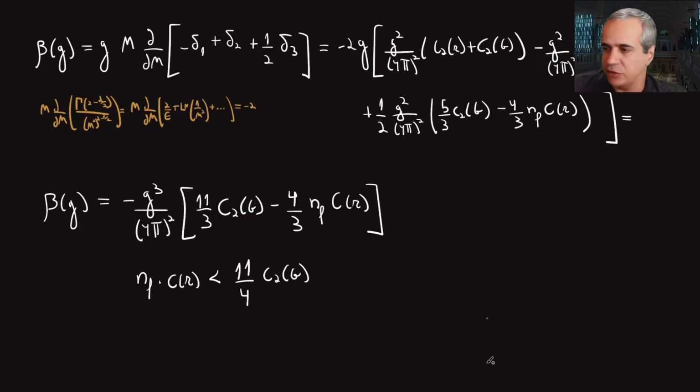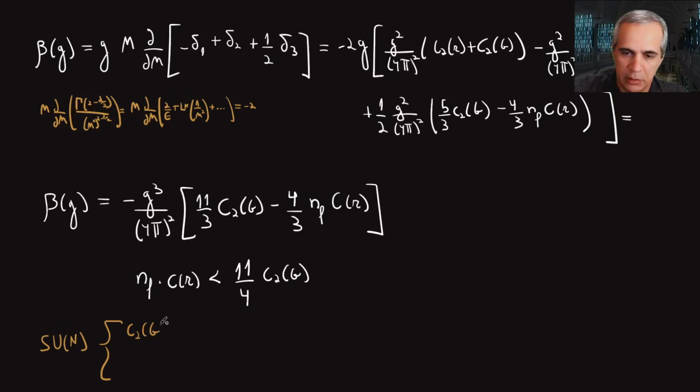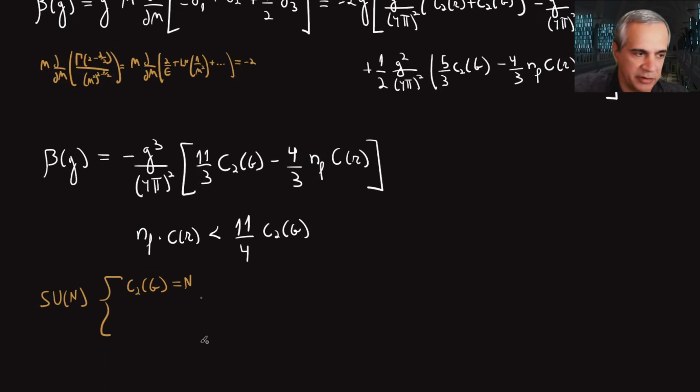Now, if you take SU(N), then C2G is just N. And if you take our fermions in the fundamental representation, let's put psi is in the fundamental representation, then CR is 1/2.